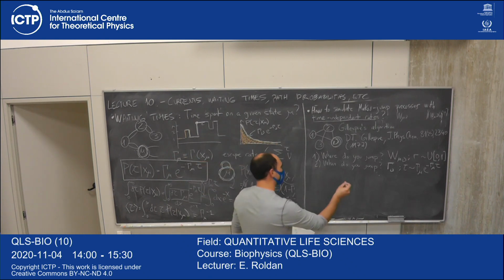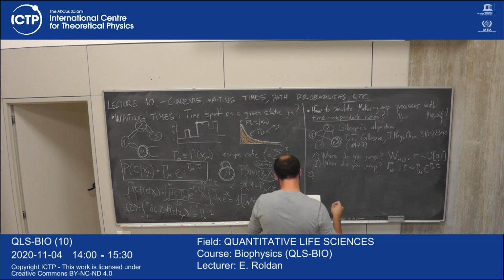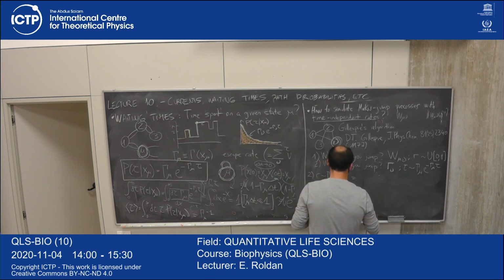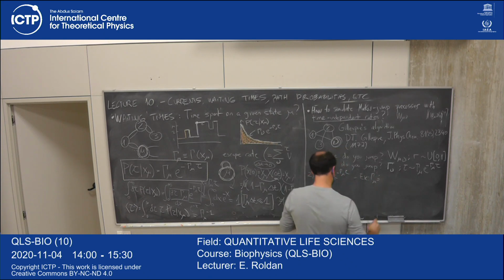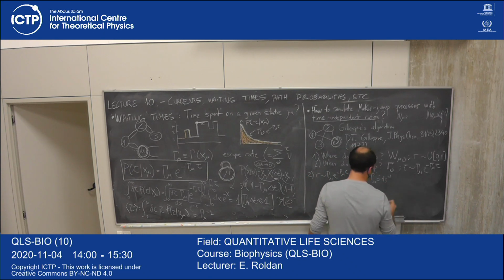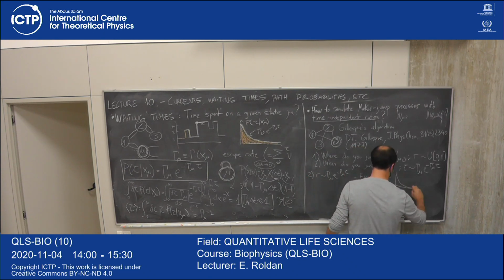So, okay, first I start with the second to make it easier. So you have tau generated from gamma e to the minus gamma tau. And this could be, for example, if gamma nu is 1 second minus 1, you will have a distribution which has mean 1.